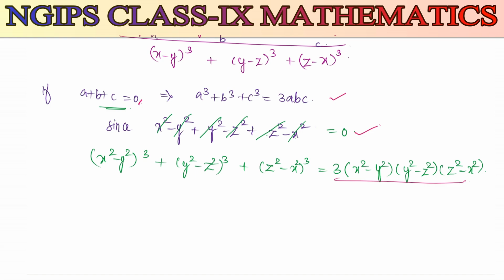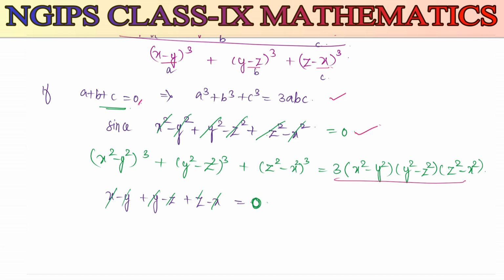Now we have to check the denominator. The denominator is again in the form of cubes, so we take the base as a, b, c. When you take (x − y) + (y − z) + (z − x), the +x and −x cancel, −y and +y cancel, and −z and +z cancel, so here also we get 0.